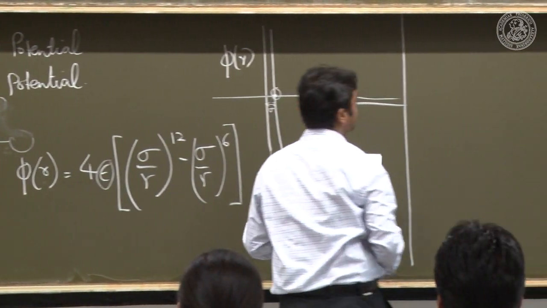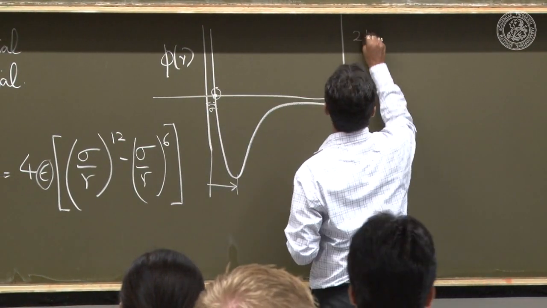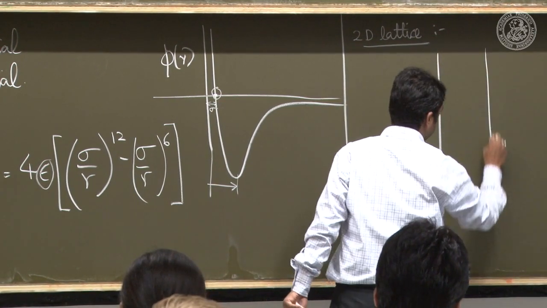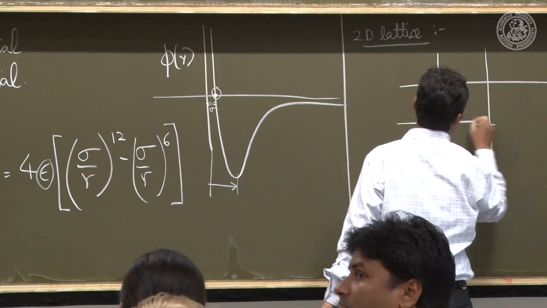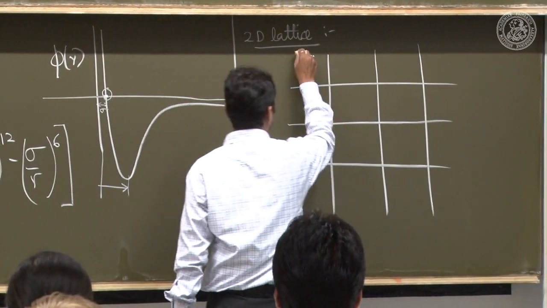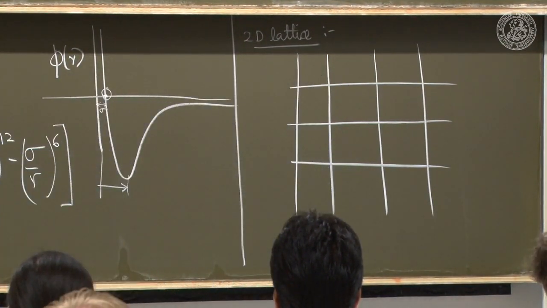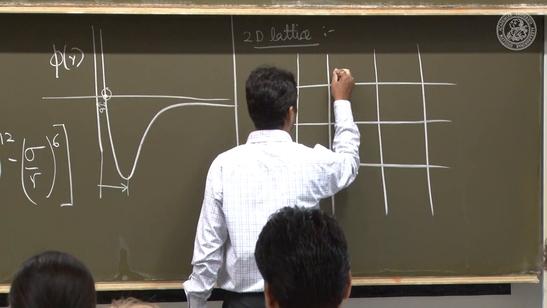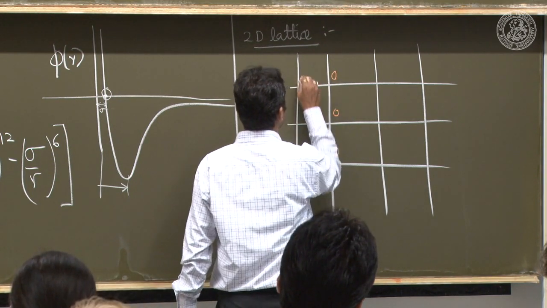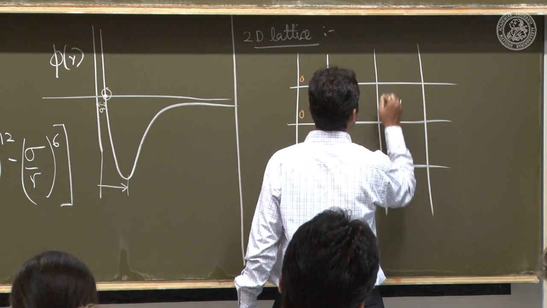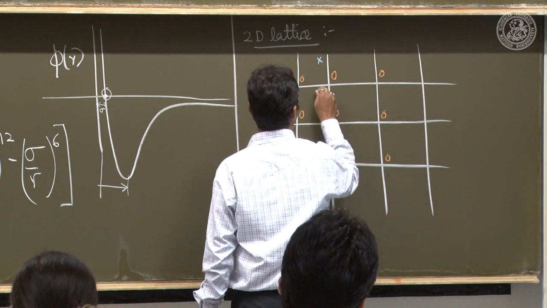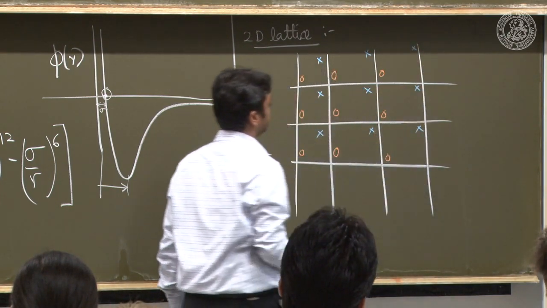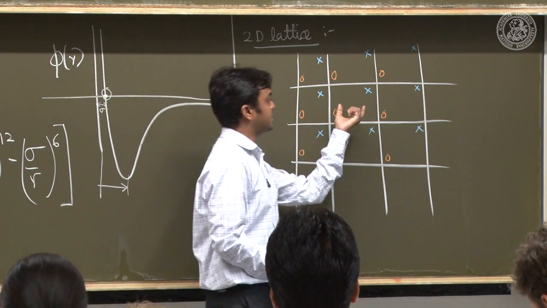So now I'll evaluate the energy of a unit cell. I'll take an example of a 2D lattice. You see, this is the smallest unit cell you have.